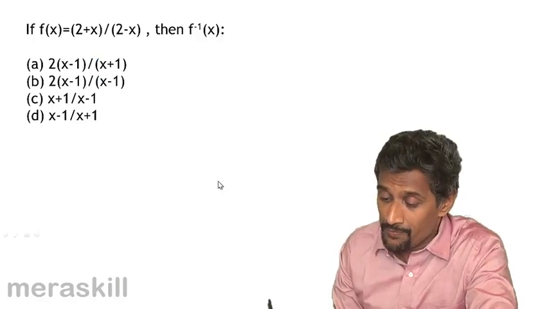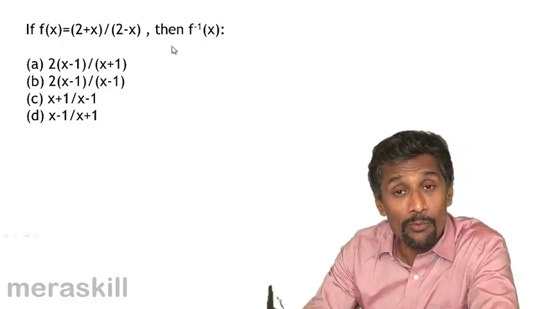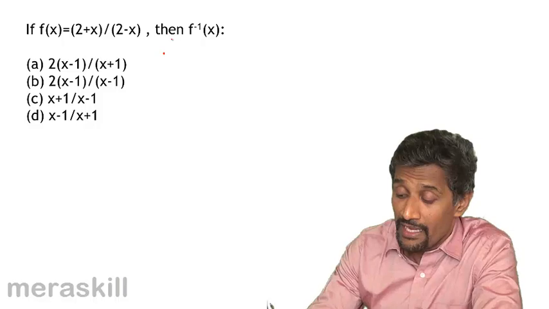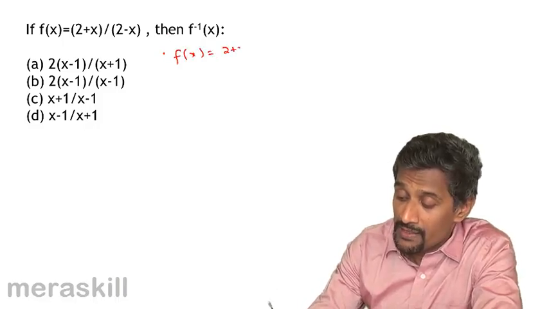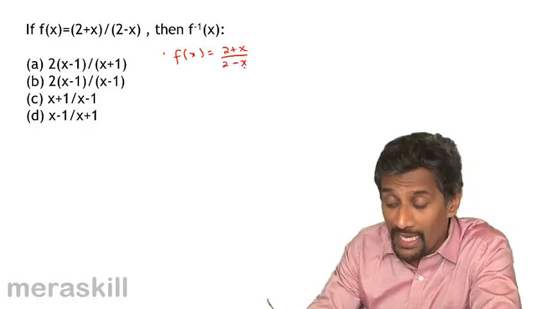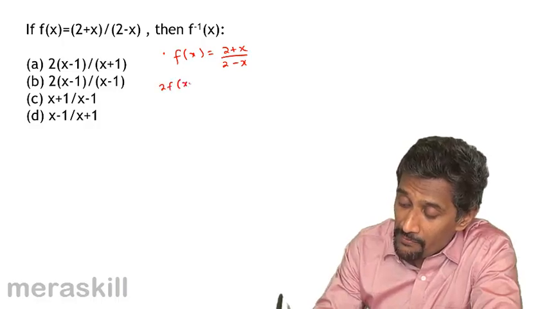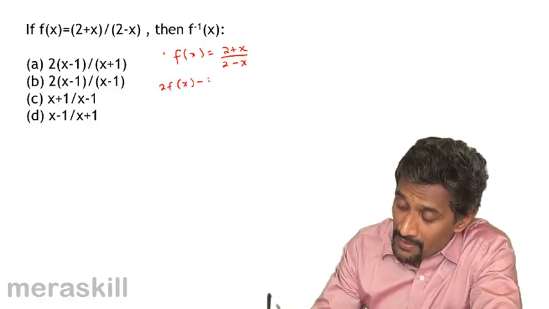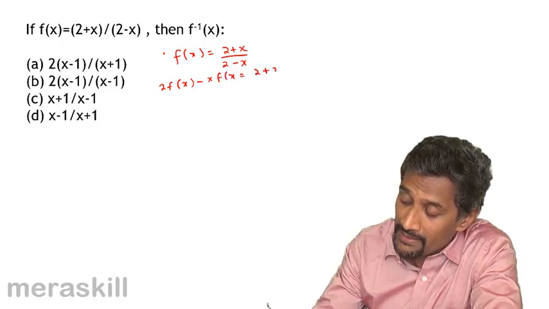Okay, then f(x) is (2 plus x) upon (2 minus x). We go back to the original one. f(x) is equal to (2 plus x) upon (2 minus x). So we need to find out what x is. So cross multiply, you get 2 times f(x) minus x times f(x) is equal to 2 plus x.